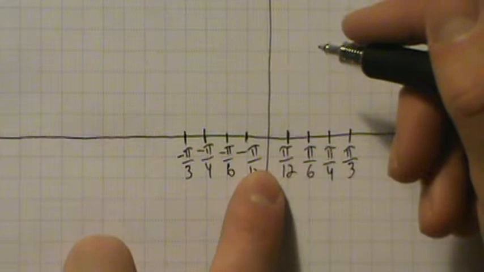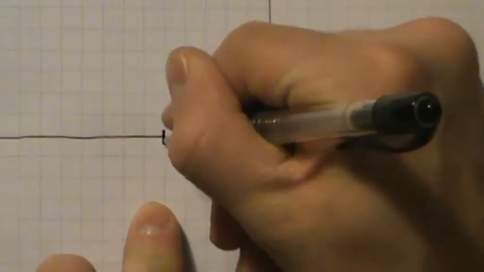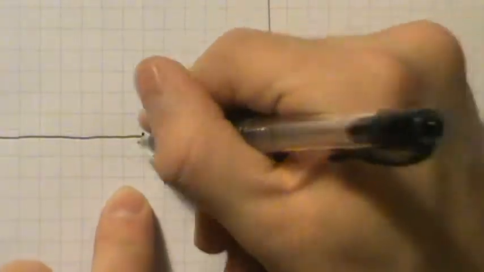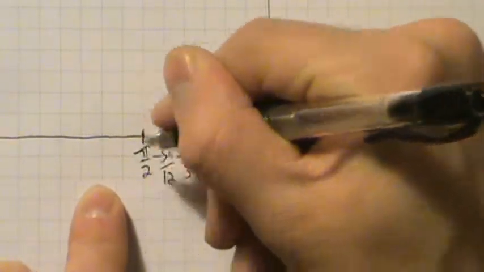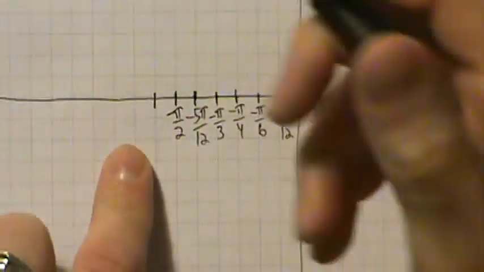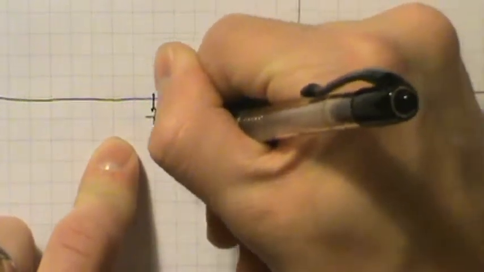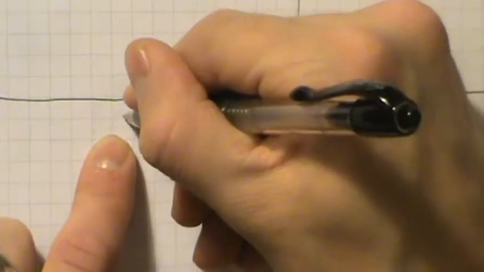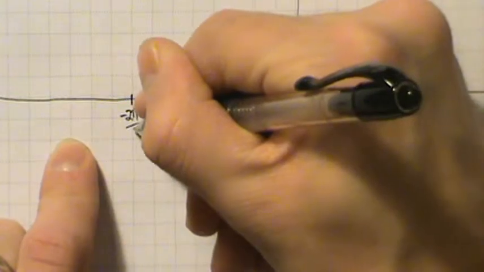So negative 1 pi over 12, negative 2 pi over 12, negative 3 pi over 12, negative 4 pi over 12, negative 5 pi over 12. Negative 6 pi over 12, which is negative pi over 2. Negative 7 pi over 12. Negative 8 pi over 12, pull out a common factor of 4, that's negative 2 pi over 3.